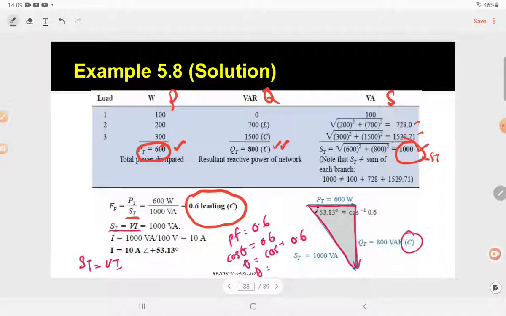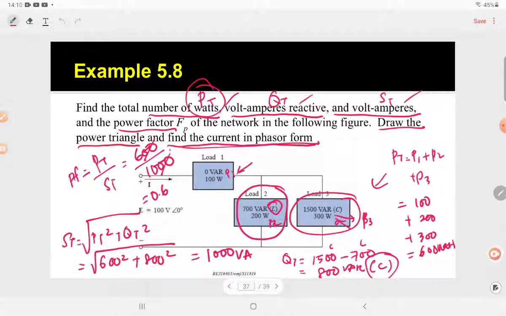Therefore from here we can find I, which is ST divided by V. ST is 1000 volt ampere, and the volt is given here as 100, right?